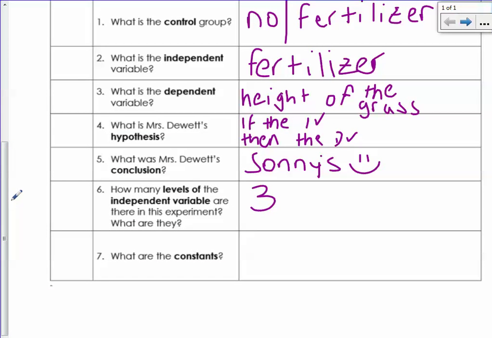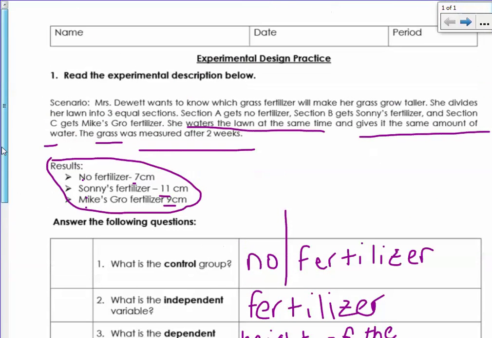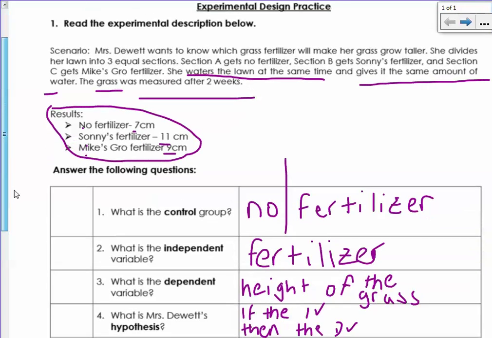So amount of water, so measured after 2 weeks. And same amount of water, same time.